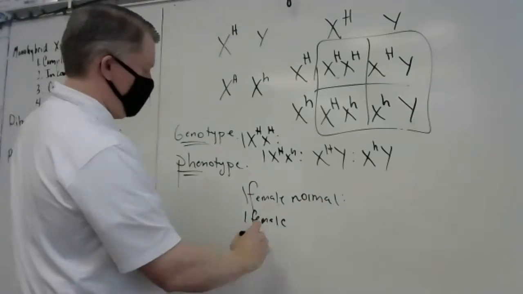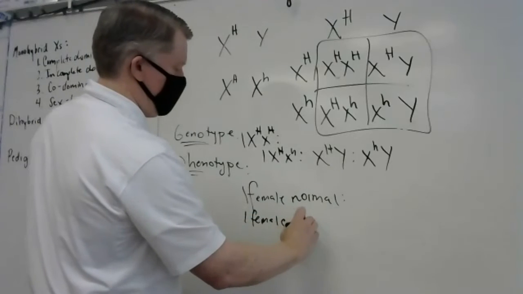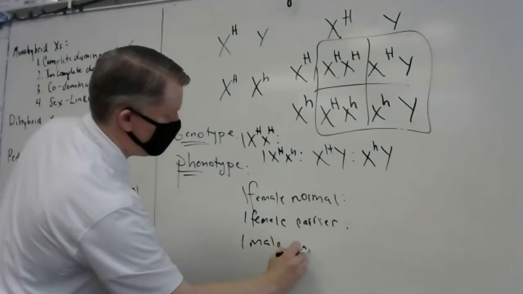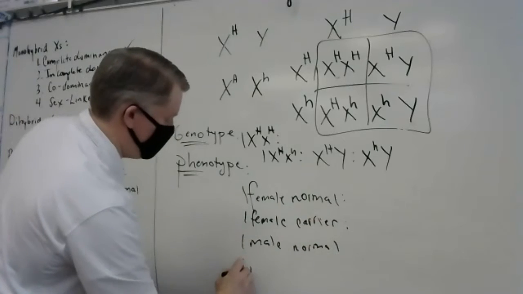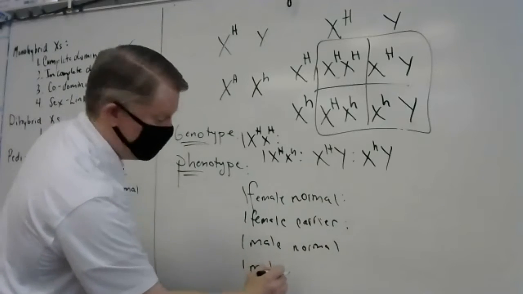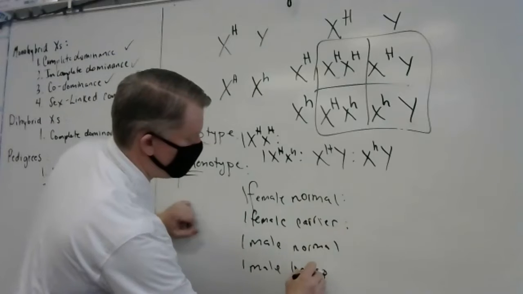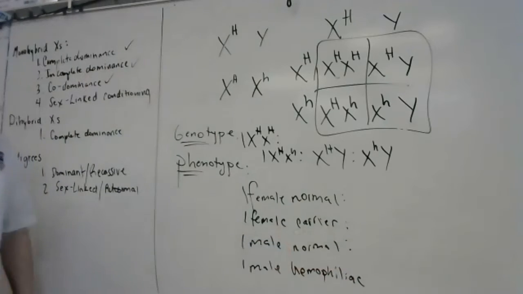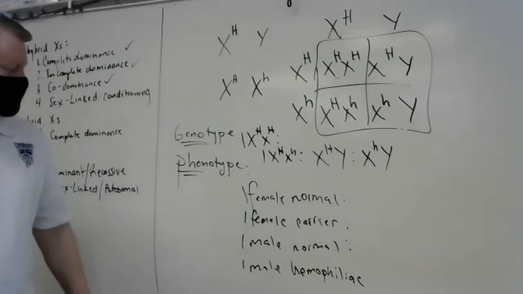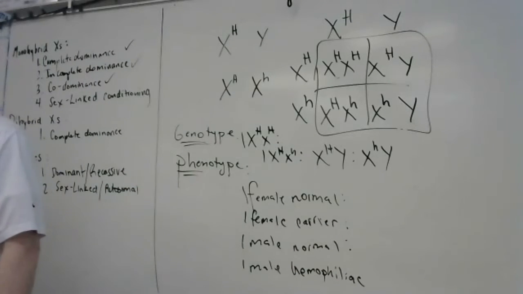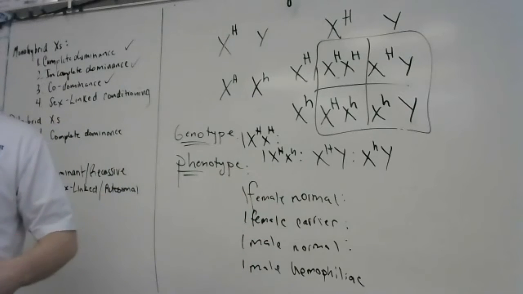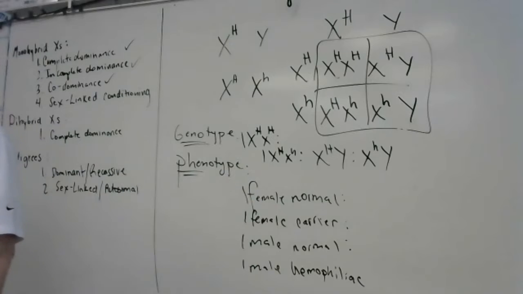One female carrier. Then the males, one male normal, one male hemophilia. So, especially in the phenotype, that's where it gets important that you understand not only who's a carrier, who's normal, but also what's the gender. Okay, any questions there?